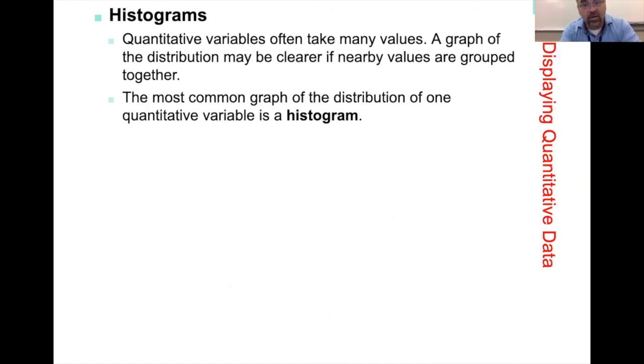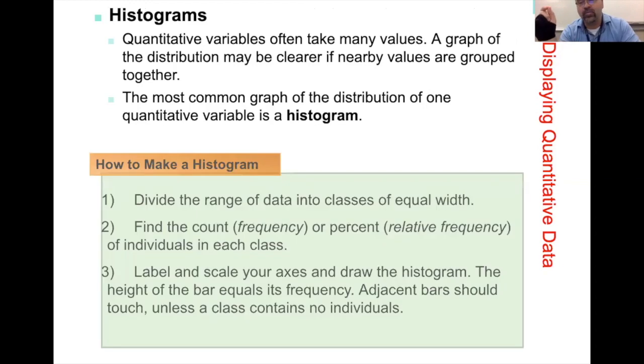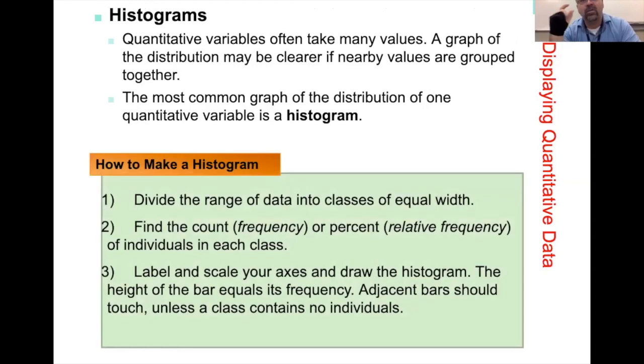So our final quantitative graph, and our most technical one, and probably one of the most useful ones, is the histogram. Now, a histogram is where we gather our data into what's called a frequency table. And then we have different classes for the data, and we count how many data points are in those classes.